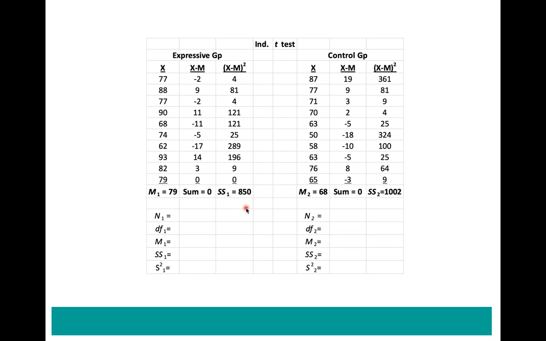For our expressive group, it equals 850. We do the same thing, using its own values and mean, for our non-expressive control group, and we get a sum of squares of 1002.